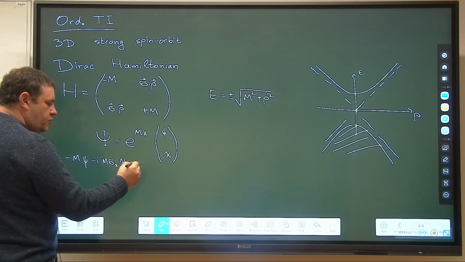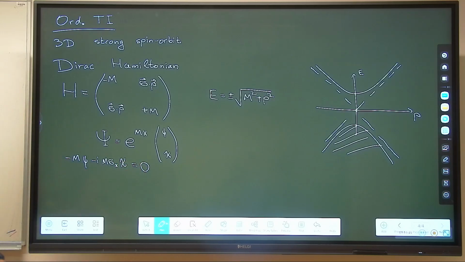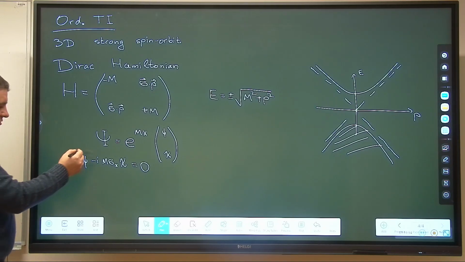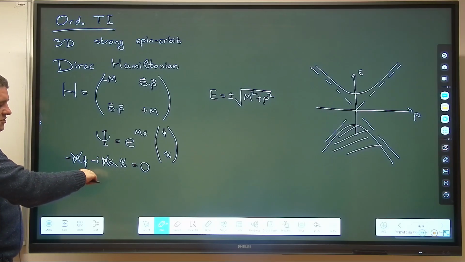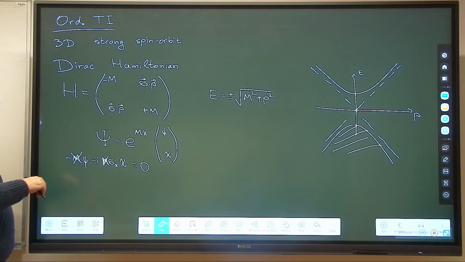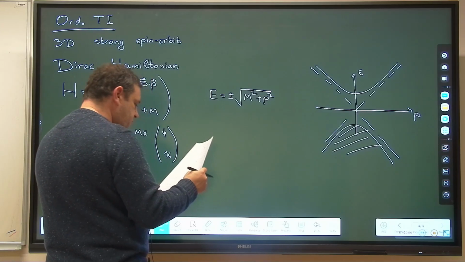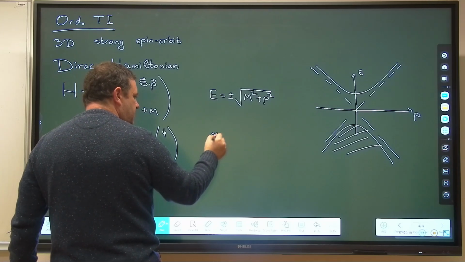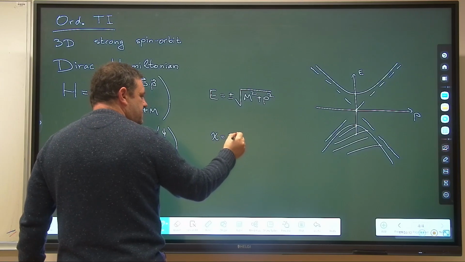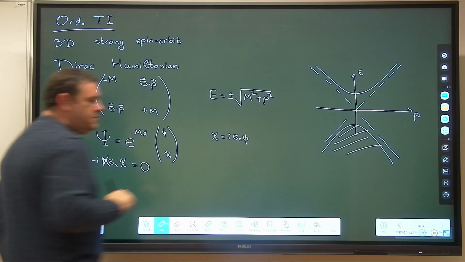And this thing I want it to be zero. I just want to find a state with zero eigenvalue. And actually m cancels from here. And I see that there is a relation between psi and chi. And if this relation is fulfilled, my state is the eigenstate. So the relation is chi equals i times sigma x times psi.